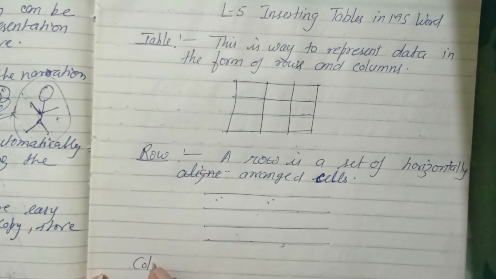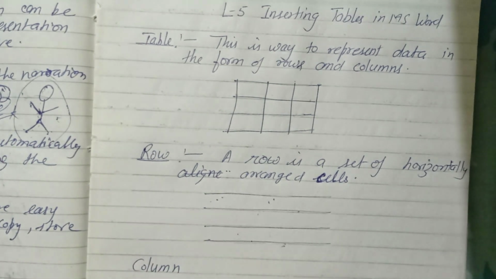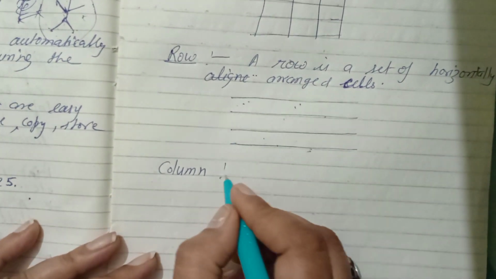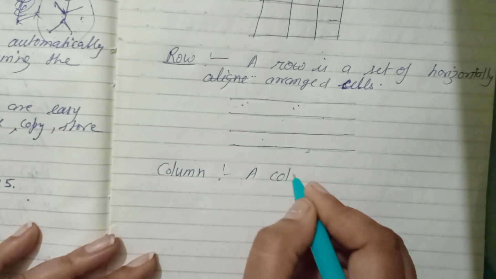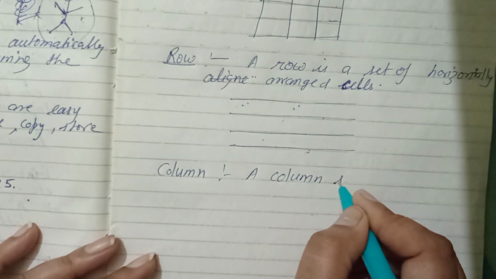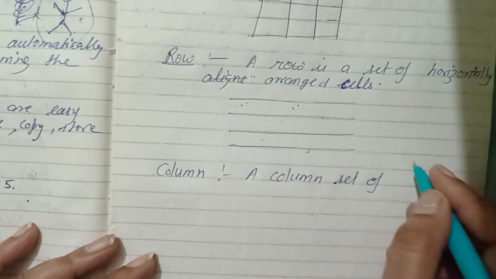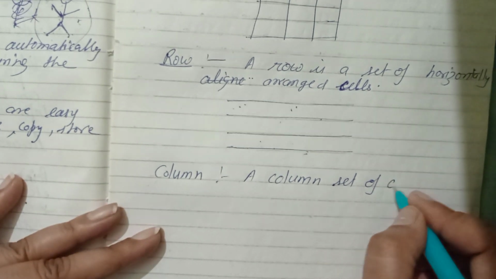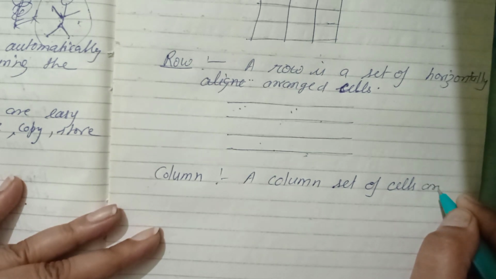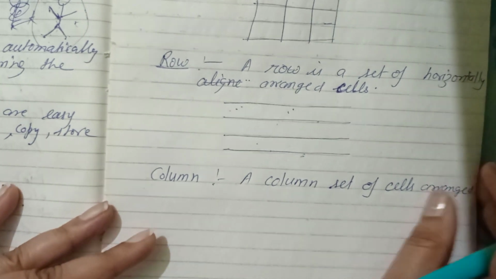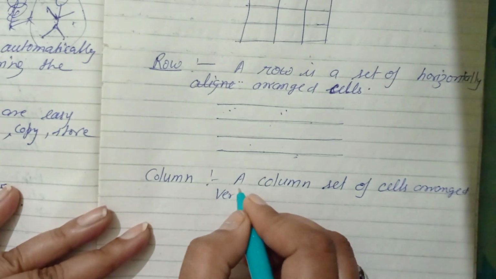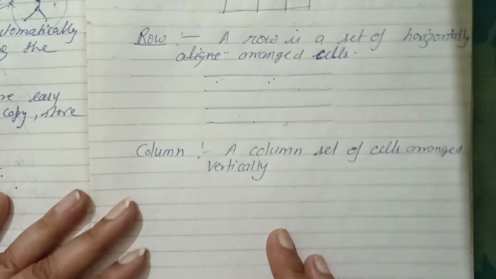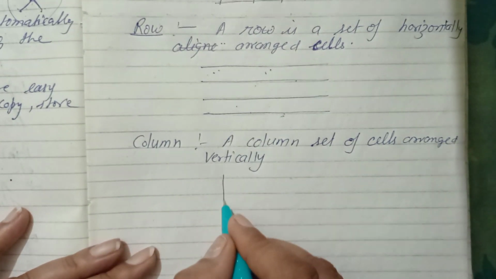Same way, what is a column? A column is a set of cells arranged vertically. कॉलम भी सेल्स का एक सेट है जो वर्टिकली अरेंज किए गए हैं, लाइक दिस.